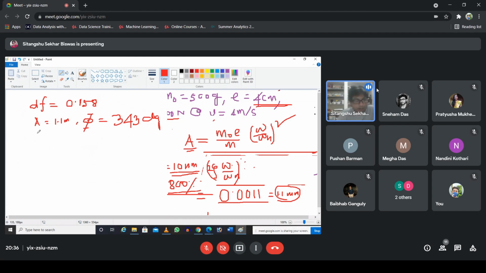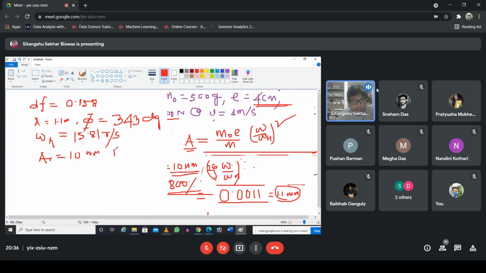Now the resonance frequency. What is the resonance frequency? 15.81 radian per second. Then the amplitude at resonance is 10 mm.